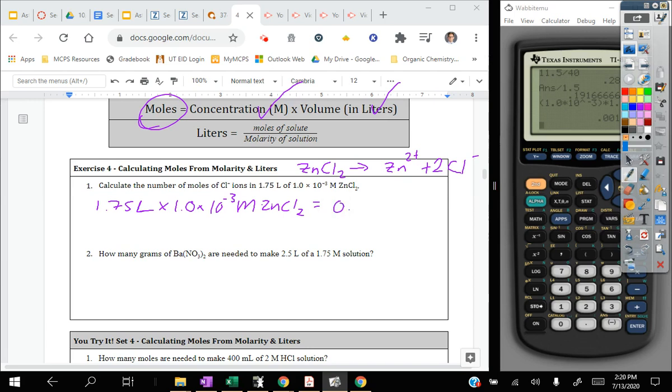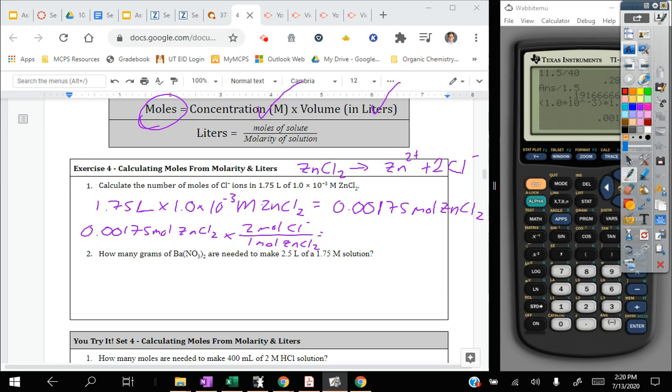This specifically asked me for moles of just chloride ions. So I have to use the same process as in the last problem. 0.00175 moles of zinc chloride, the compound, and I have 2 moles of Cl- for every 1 mole of zinc chloride.